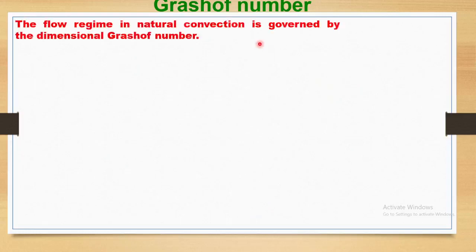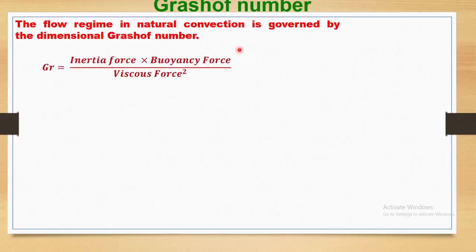Now let us define Grashof number. The flow regime in natural convection is governed by the non-dimensional number Grashof number. Grashof number is defined as the ratio of product of inertia force and the buoyancy force to the viscous force square.